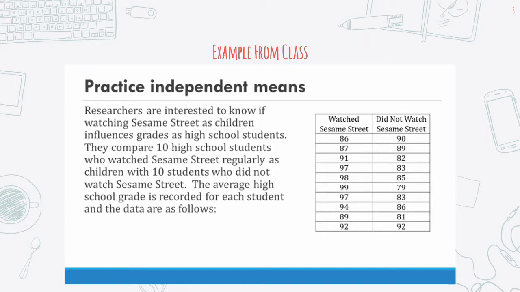And we know that they're independent because the skills and abilities of those who watch Sesame Street should not theoretically affect the skills and abilities of the second population of those who did not. Certainly they're interacting in some way, but these are not associated directly with each other.